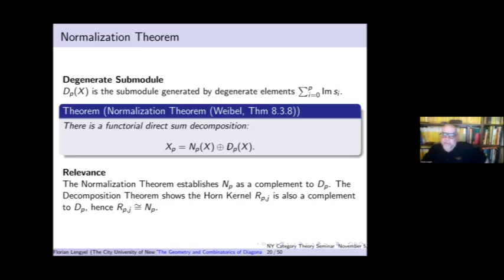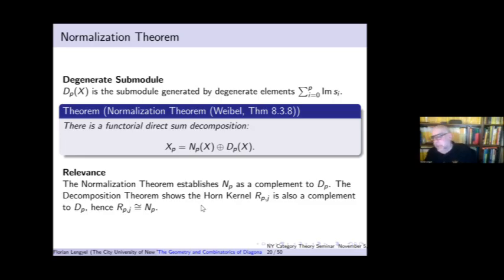And so there is a direct sum decomposition, so that gives you a complement of the degenerate submodule. And I do prove something, it's in the preprint, that the horn kernel is also a complement.